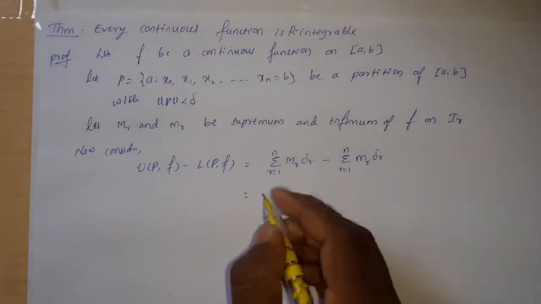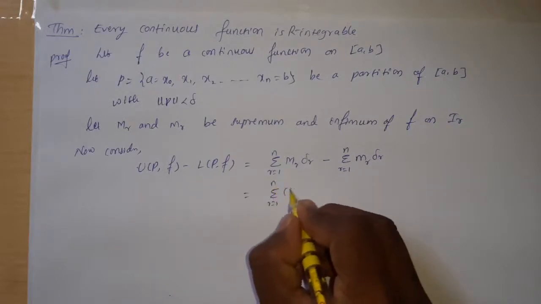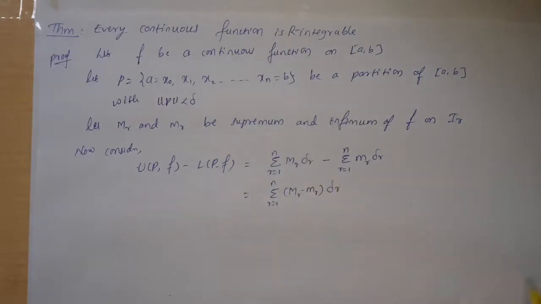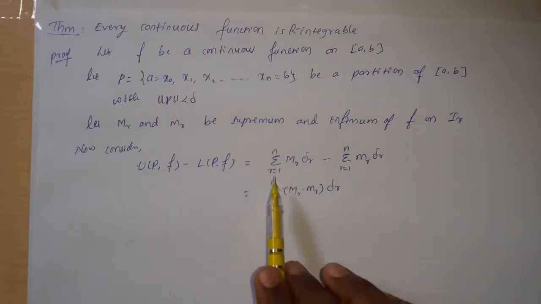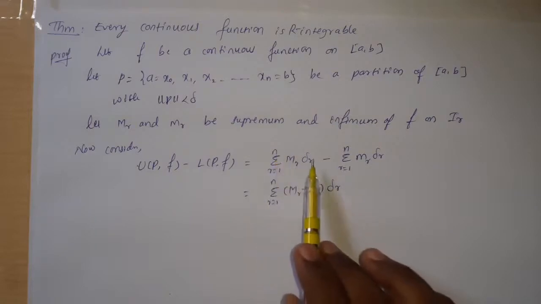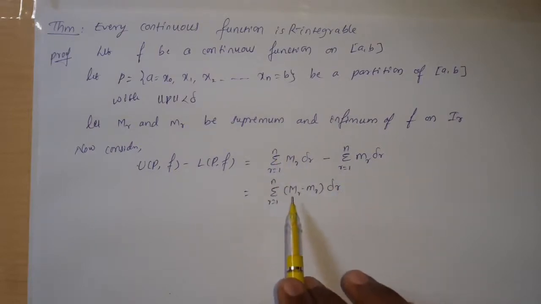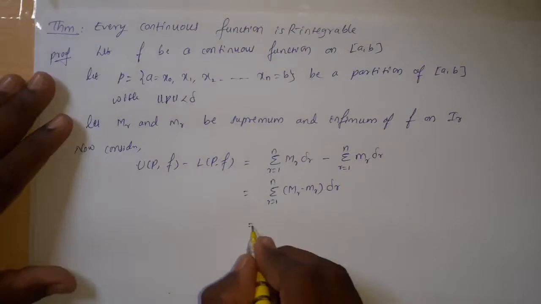So, it is equal to summation over r = 1 to n of (Mr minus mr) into delta r, by taking the common terms, because in both expressions r varies from 1 to n and delta r is also common.